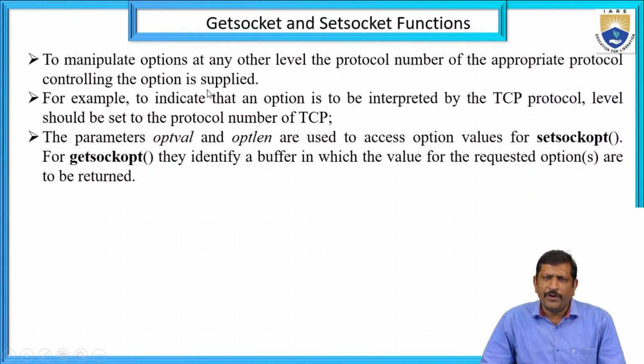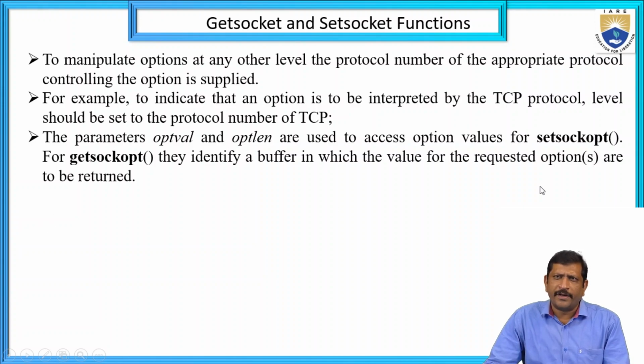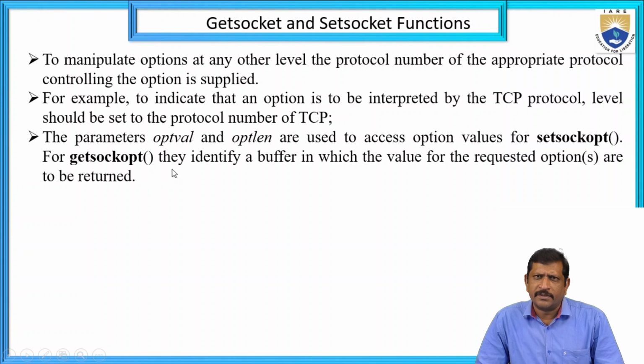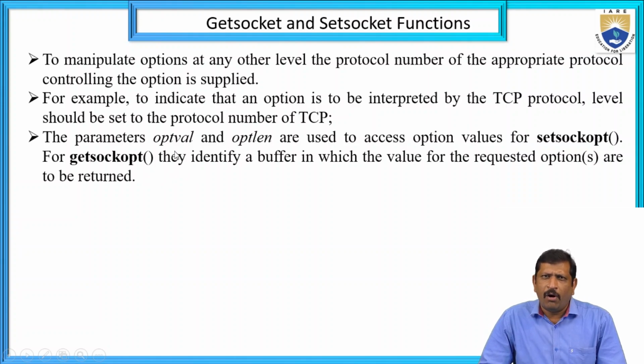For example, if the socket option is to be interpreted by the TCP protocol, the level should be set to the protocol number of TCP. The parameters opt value, the option value, and opt length, the option length, are used by the Setsocket and Getsocket functions to identify a buffer.